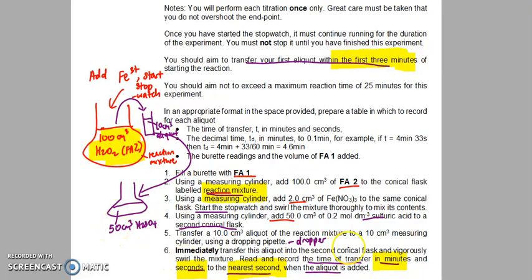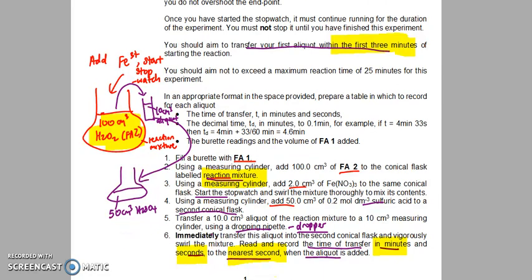And let's say at time equal to 2.2 minutes, you transfer a 10 cm³ aliquot of the reaction mixture into a 10 cm³ measuring cylinder using a dropping pipette, which is none other than a dropper. After you have transferred 10 cm³ of reaction mixture into this measuring cylinder, you transfer it into this second conical flask with the acid, and swirl.